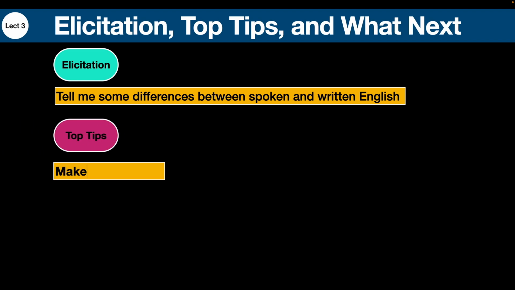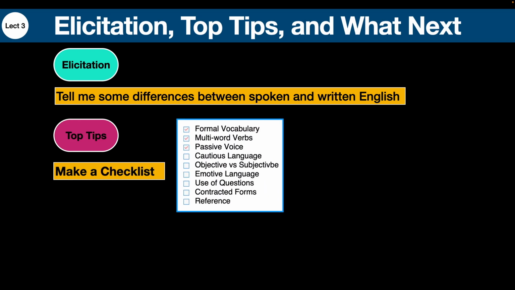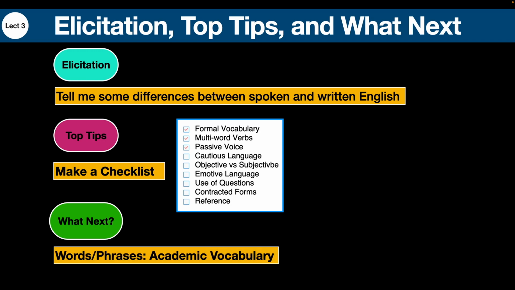And top tips, I would say always make a checklist of all these styles and check that you have followed all these styles when writing your academic essay. So what next? Next lecture, we're going to start learning words and phrases that you can use in your academic writing. So academic vocabulary or academic word list.